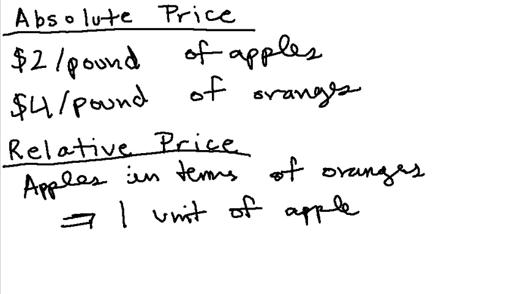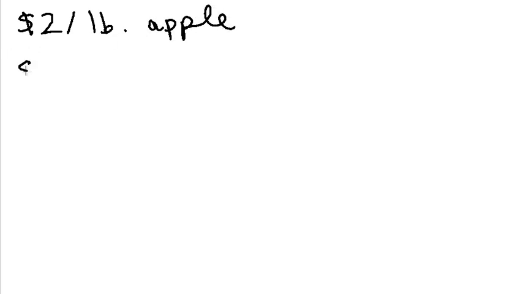Let's now do the calculation. So I'm just going to write again. It's $2 per pound of apple, and it's $4 per pound of orange.